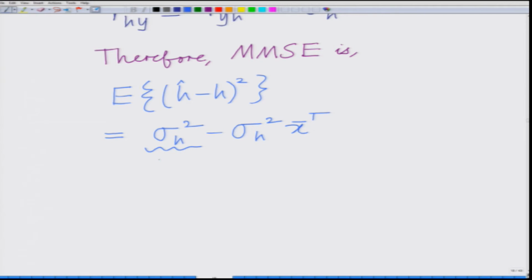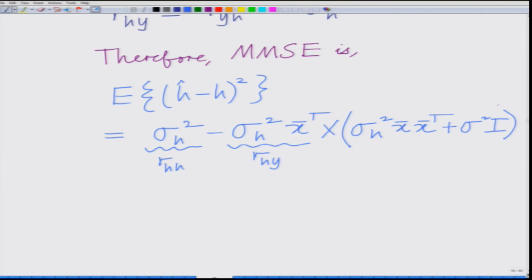So, this is basically your R_HH, this is your R_HY times, remember R_YY inverse, that is (sigma_H square x bar x bar transpose plus sigma square identity) inverse, this is R_YY, times x bar into sigma_H square.